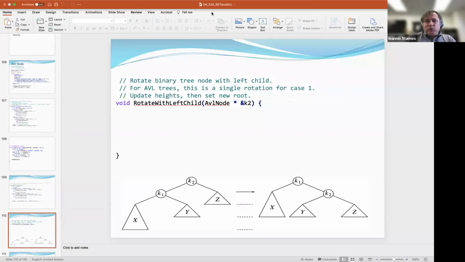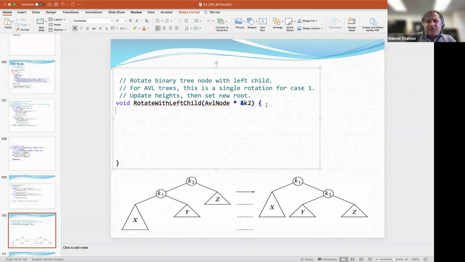Let's try to do it here. K2 is the node where the single rotation is going to happen. And we know what we want to do: we want to go from the diagram on the left to the diagram on the right. So how are we going to do it? What's the first step? What is K1 here?